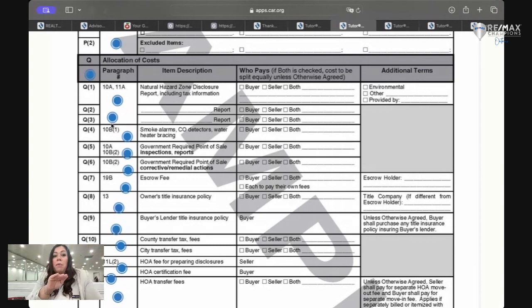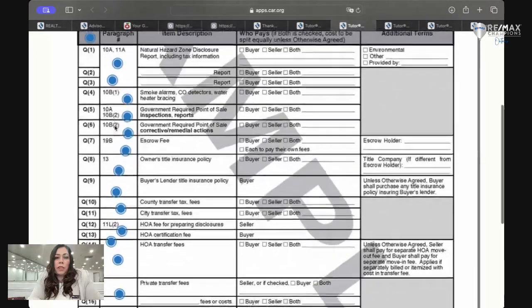But I do see people put it here, where they'll put septic inspection, and then you're in escrow and they're like, I need the septic certification, I need it dumped. I'm like, no, you didn't send me that document. You just sent me for an inspection. So be sure that you're adding the right forms to your contracts, so that it's a clear picture as to what the expectations are of each party.